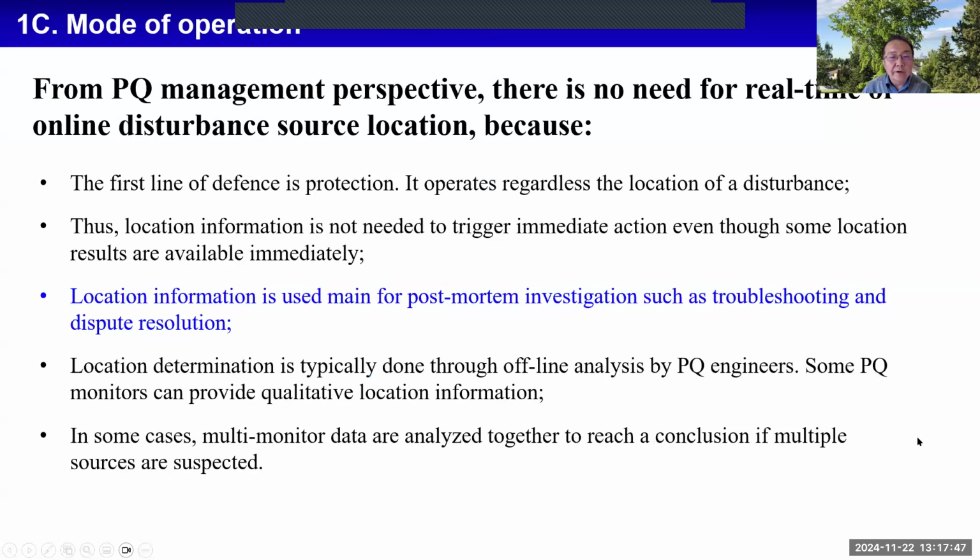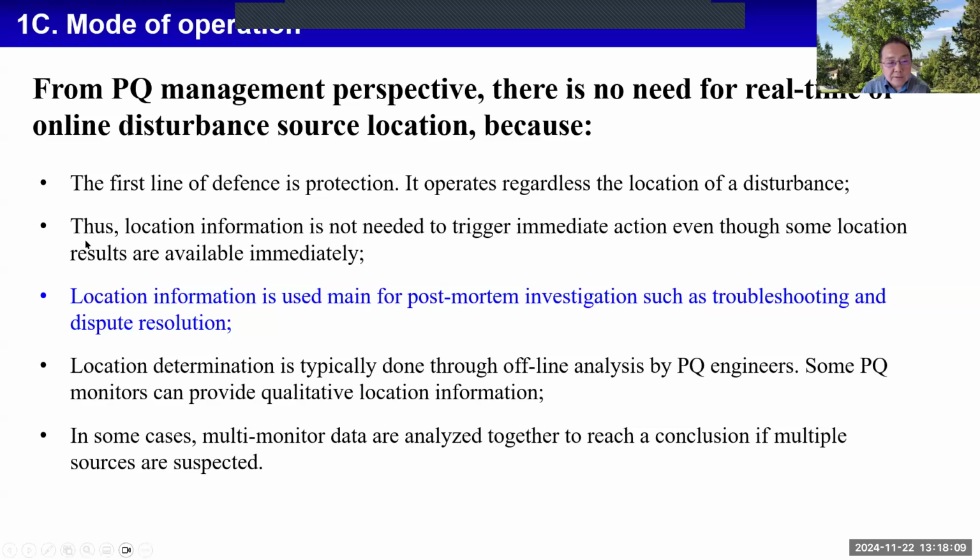Now, how does this operate in terms of mode of operation? From a power quality management perspective, there is no need for real-time or online disturbance source location, because once you have the disturbance, protection is the first line of defense. You trip regardless of where the location is.